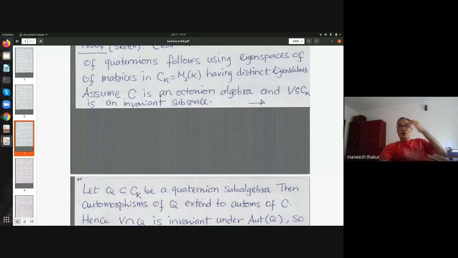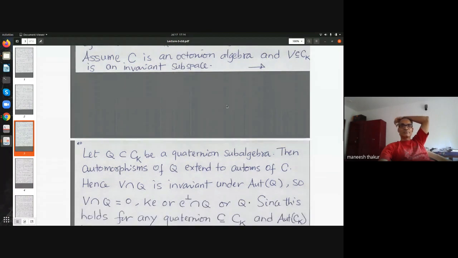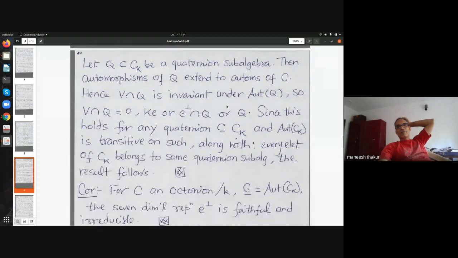Let's look at the octonion case. We will use the quaternion case to settle this as follows. Suppose I have an invariant subspace V of the octonion algebra under the full automorphism group. For that, you take a quaternion subalgebra Q of CK. And by one result I mentioned, we can extend automorphisms of any composition subalgebra to an automorphism of the whole algebra.